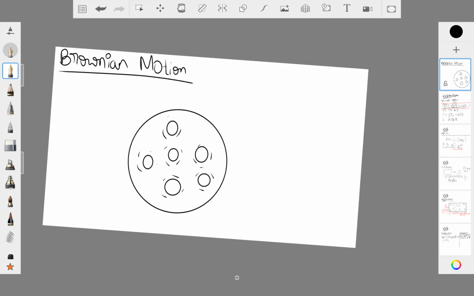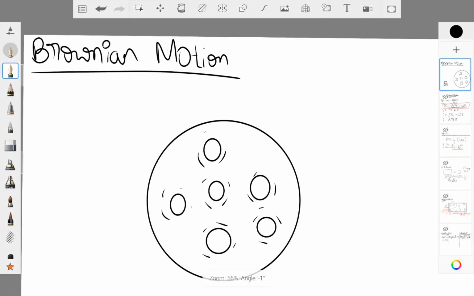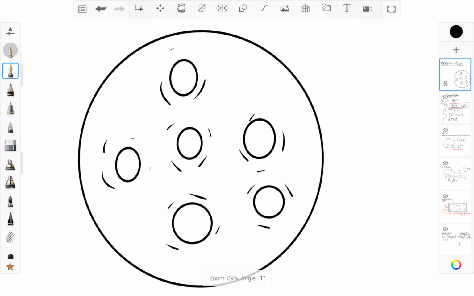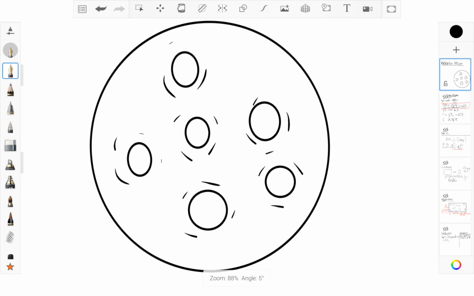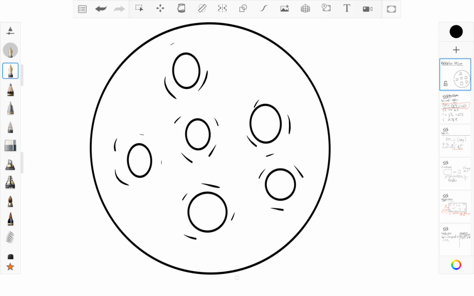Right, so another really important concept that shows up a lot in paper 4, which is your theory paper, is understanding Brownian motion. Now, before I even explain what it is, I want you to think of an example where I have a petri dish filled with water, and I just have some pollen grains in that water.